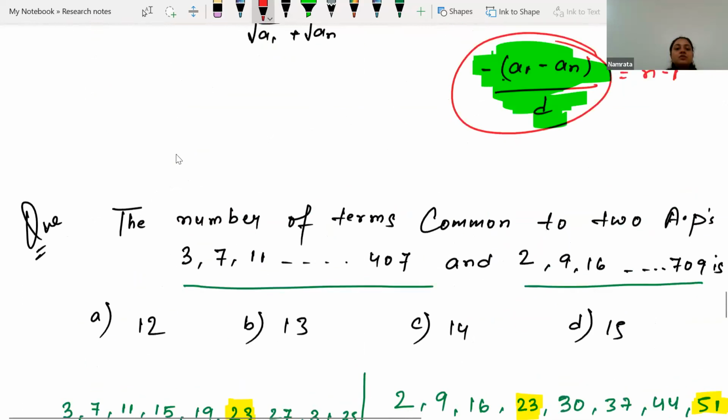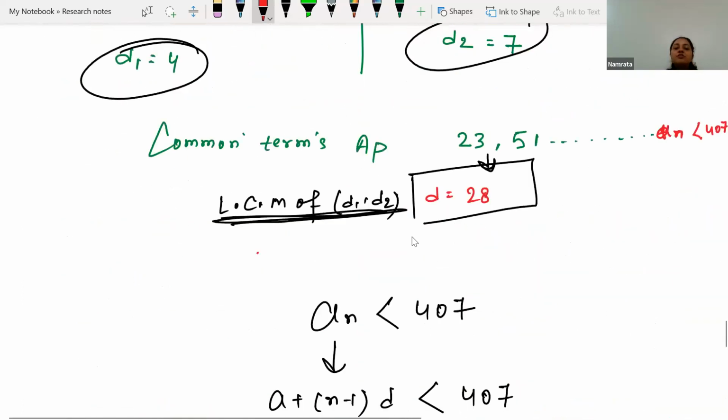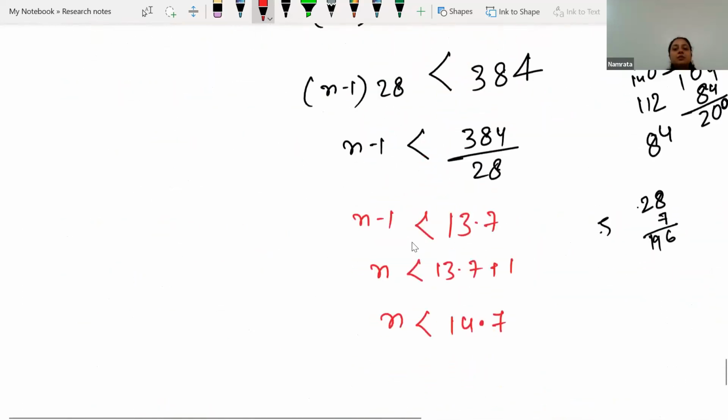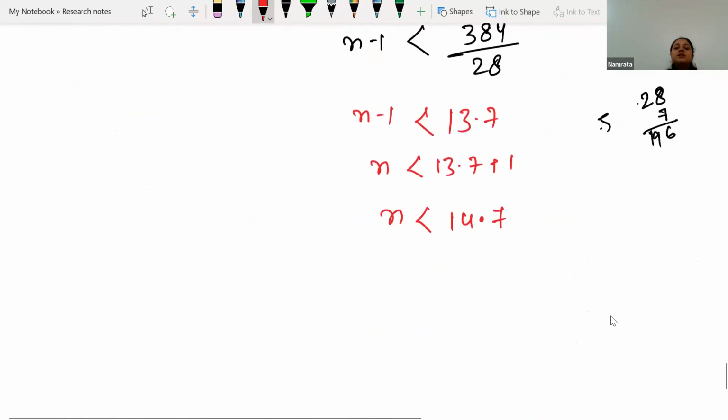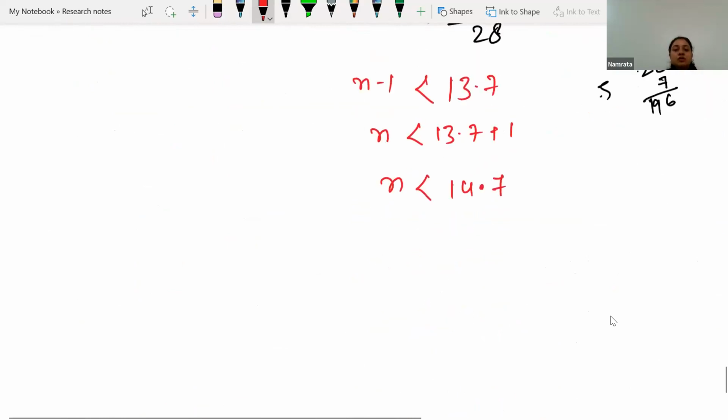Now, ma'am, what is the question? The number of terms. Number of terms can't be a decimal number. It is the number of terms which are common in this AP and that AP. So we must take the integral value. What is the possible integral value just before 14.7?